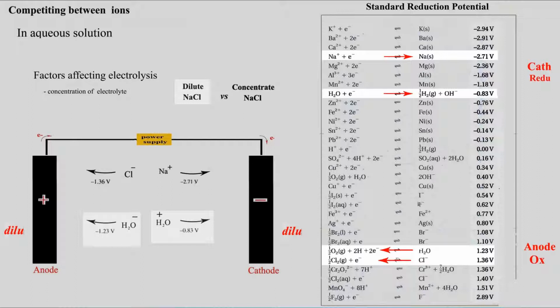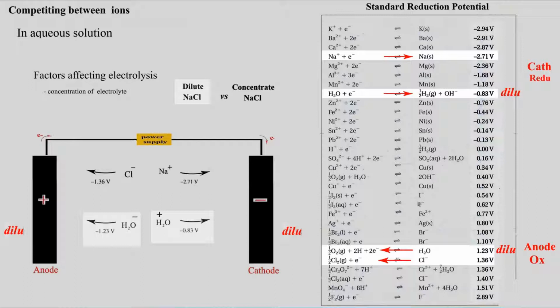Cathode also water, also based on the most positive wins rule. So on the table, I mark down water at anode, dilute, going to react. Cathode, dilute, water going to react.